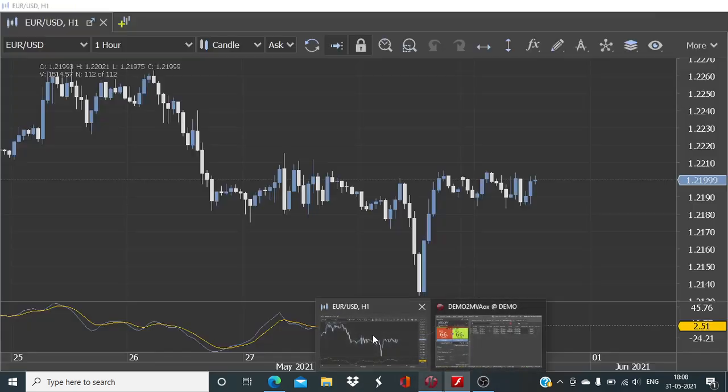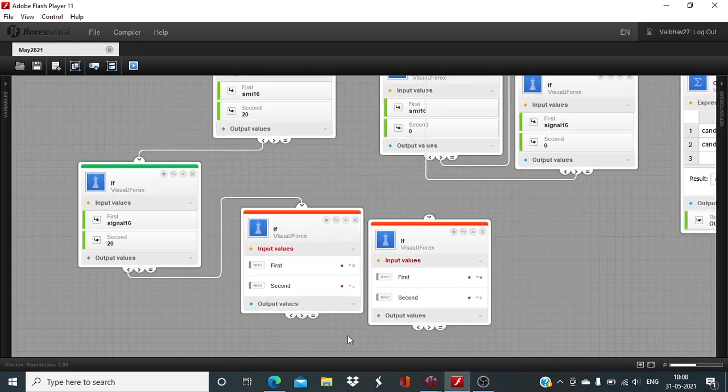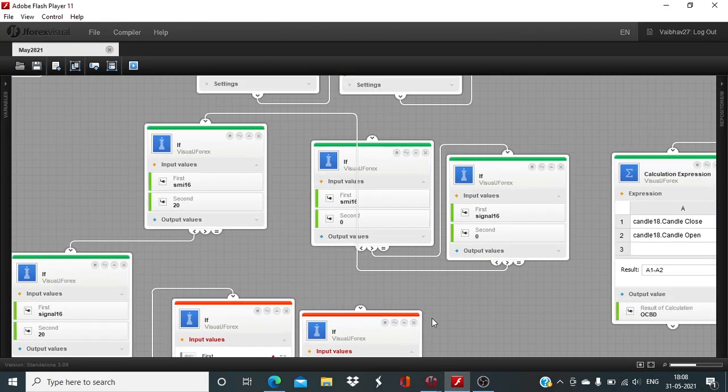And then we have to look at the crossover, and here the SMI value should have been below signal value, and only in the last hour it should cross above the signal value. So we will need the SMI to be lower than signal 16.